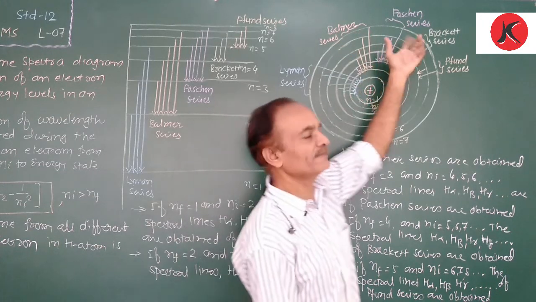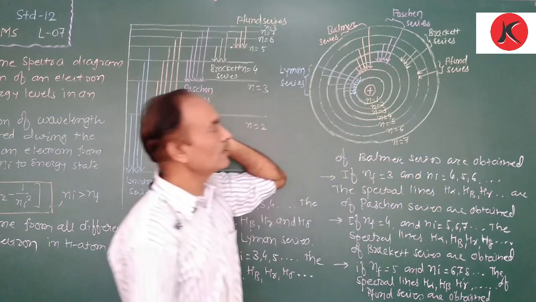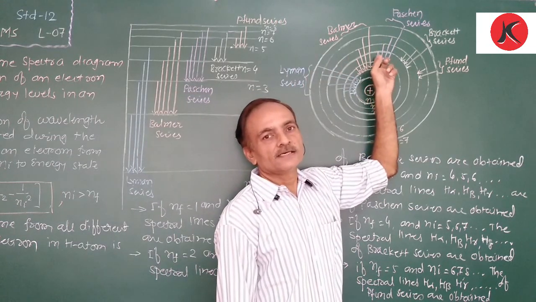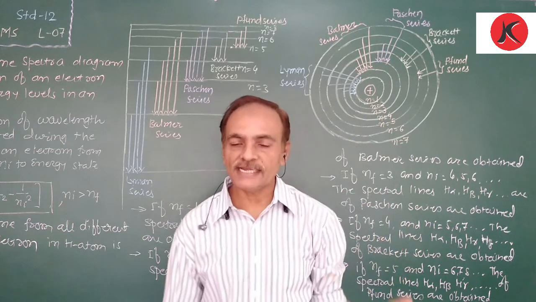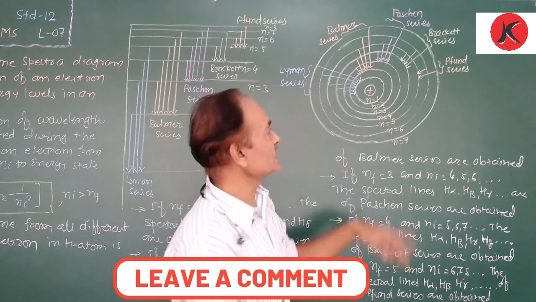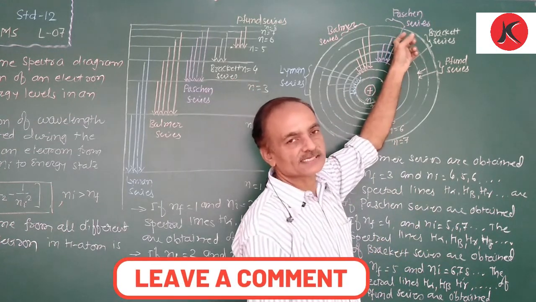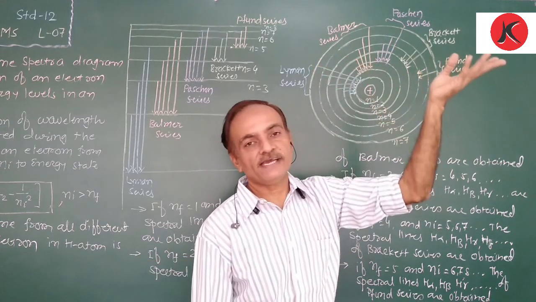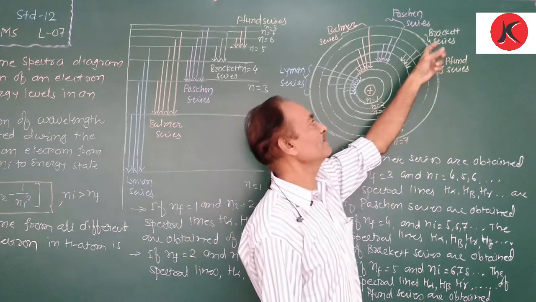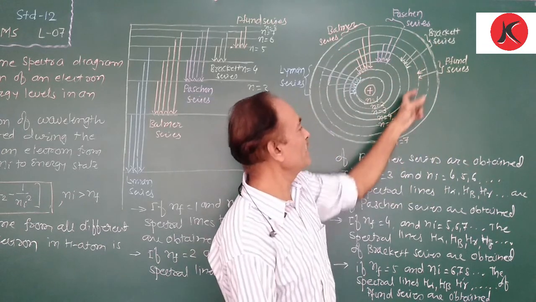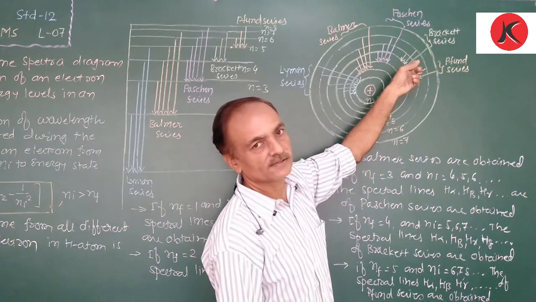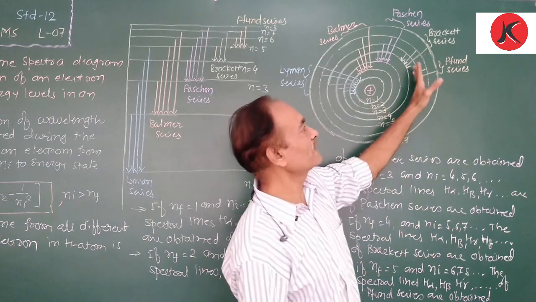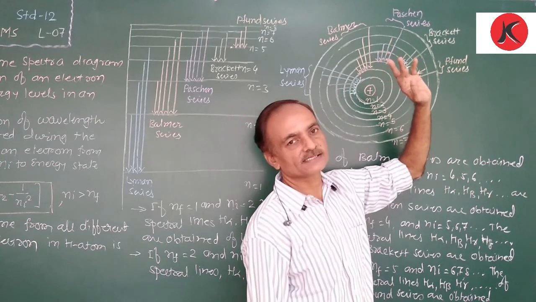And when the electron makes the transition from any orbit to the third orbit, the wavelength of the light emitted is called the Paschen series. Similarly, in the hydrogen atom, if the electron makes the transition from any orbit to the fourth orbit, the wavelength of the light obtained is called the Brackett series.